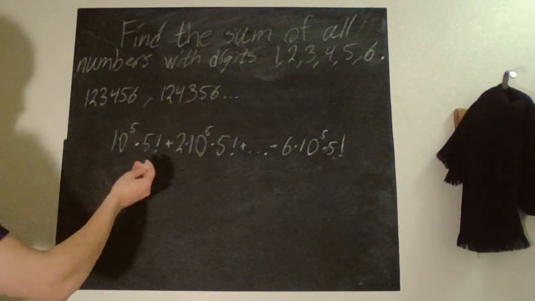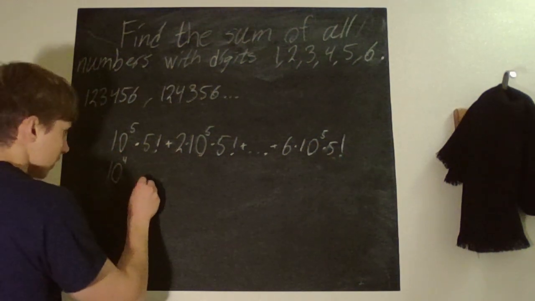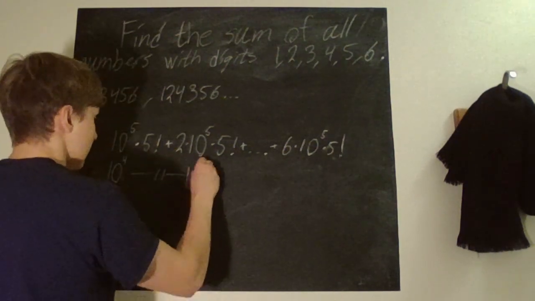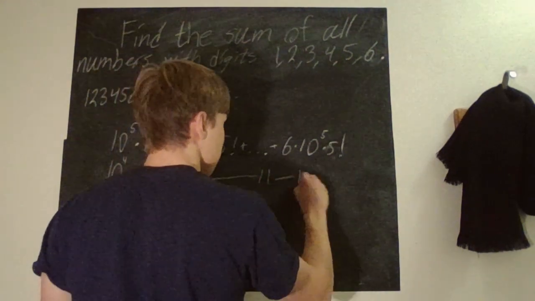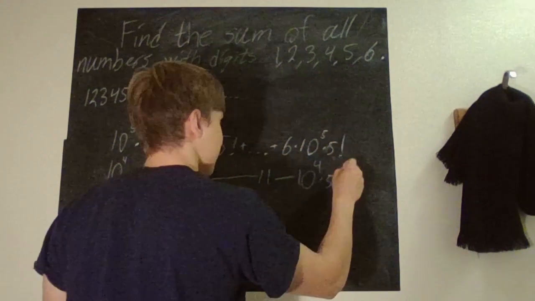And then for the second digit, we do basically the exact same thing, except we have 10 to the power of 4. I can write that.